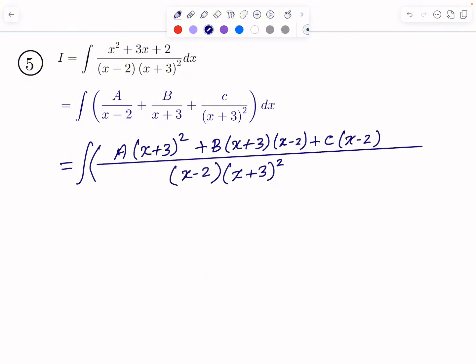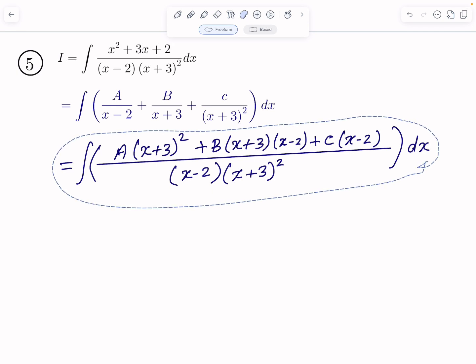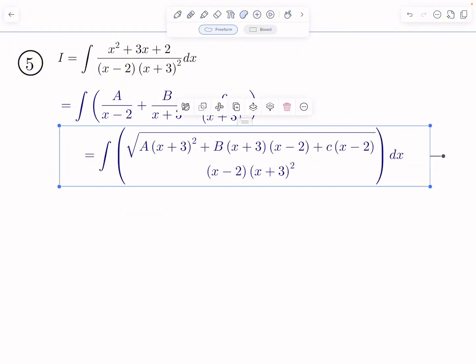Plus c, we have this one, which is this. Then we have to multiply by this, multiplied by dx.